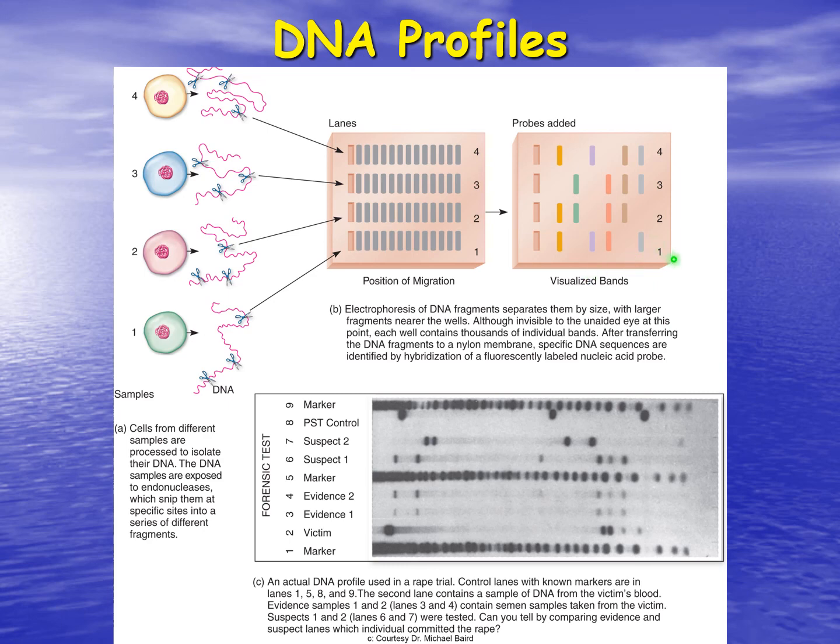So for example, if you look at organism number 1 and organism number 4, they share in common some actual sequences. So they share this sequence in common, they share this sequence in common, and they share this sequence in common. That means 1 and 4 are related, but are they identical? Well, they're not.